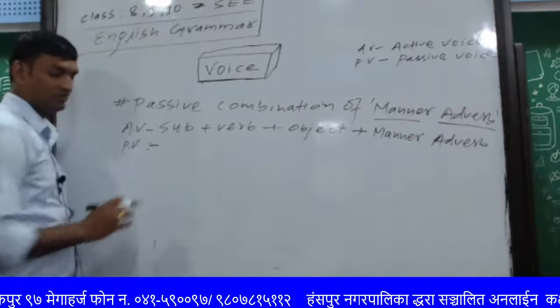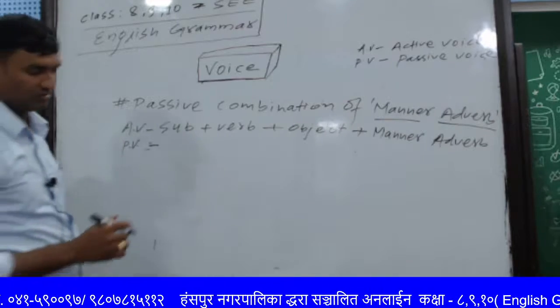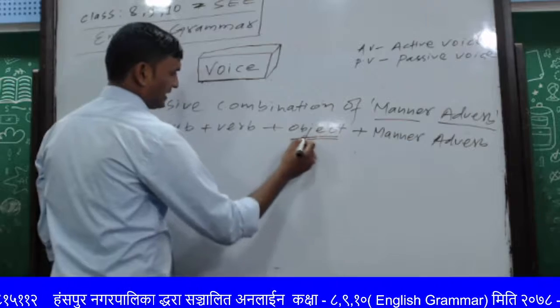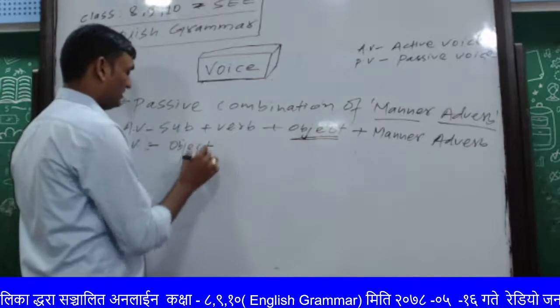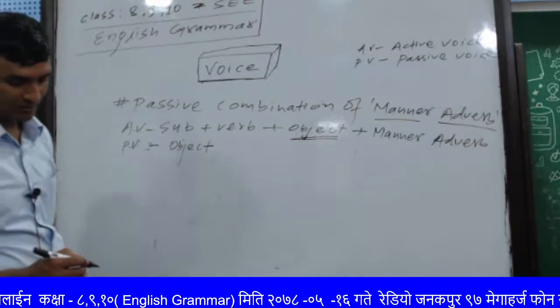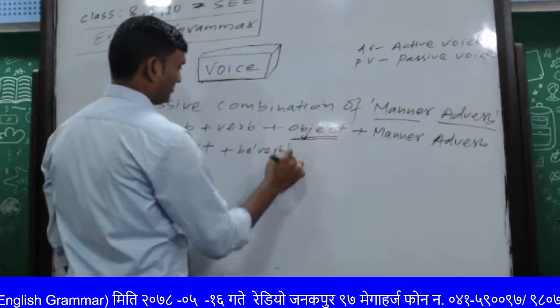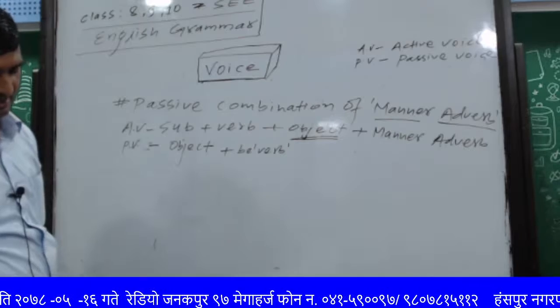Then the passive PV. It means the object of active voice becomes the subject of passive. So object, then be verb. Be verb means is, am, are, was, were.